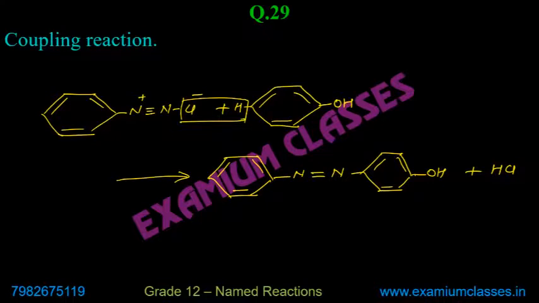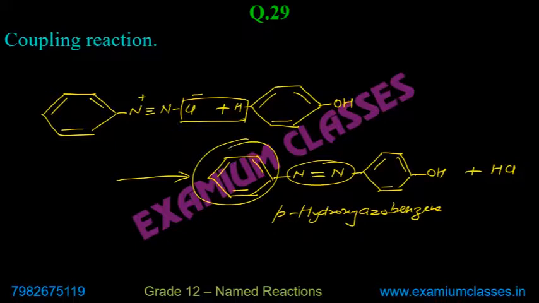Now this hydroxyl group is at para position as compared to this one. So the name of this one is para hydroxy azo benzene.